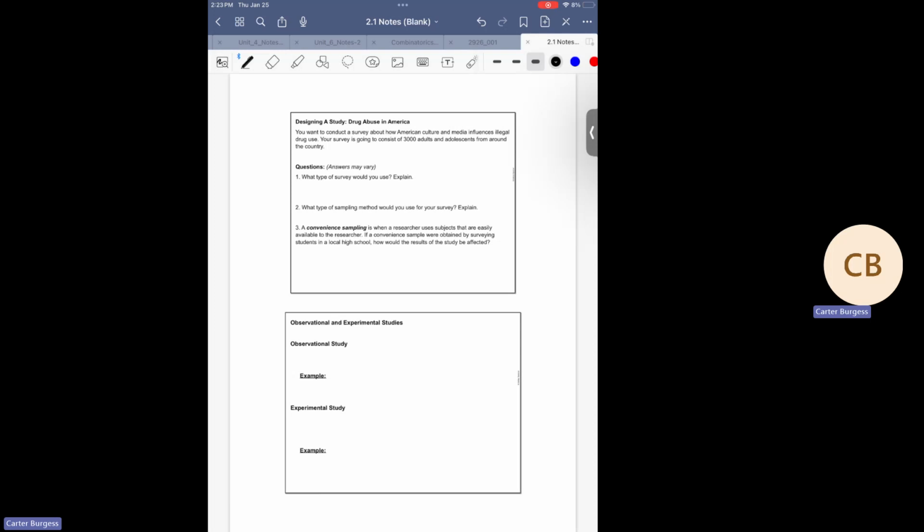So maybe a phone call-esque survey where you're calling random people from all over the country might be good. But you could also think of an online survey that can reach a bunch of people in a bunch of different places. A lot of different ways that we could conduct this would make sense. But it's important to acknowledge going in: is the way that we are going to survey going to impact our results?